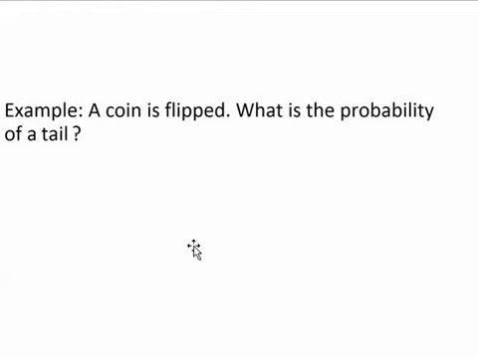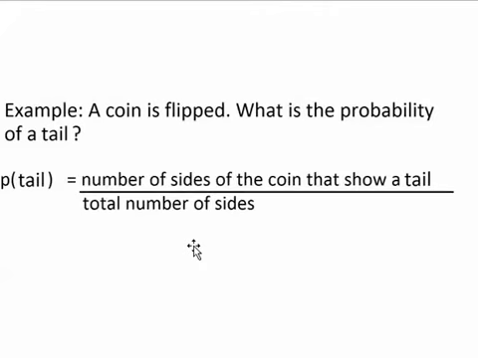Now, what's the probability of a tail when you flip a coin? Well, we can use the same formula we did before, x over n. The bottom of the fraction, which is n, is the total number of possible outcomes. And like I said, when you flip a coin, there's two possible outcomes. You'll either get one side or the other.